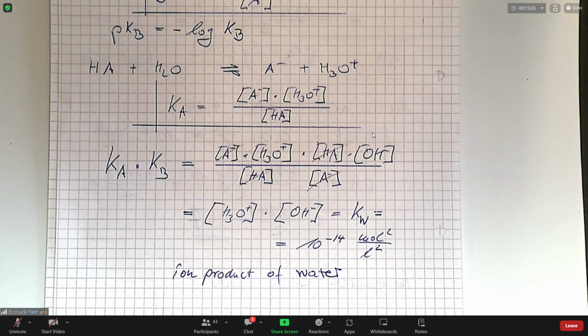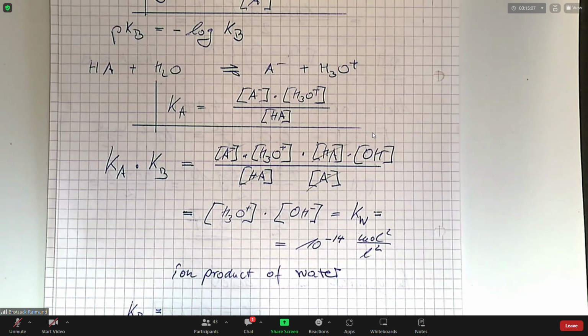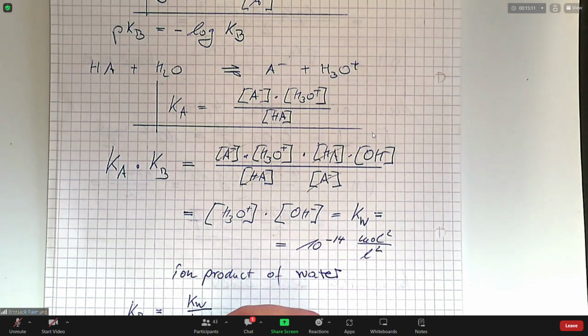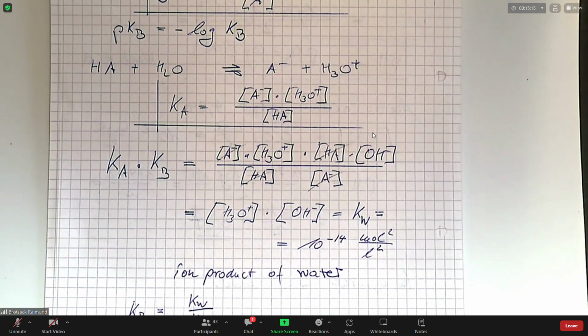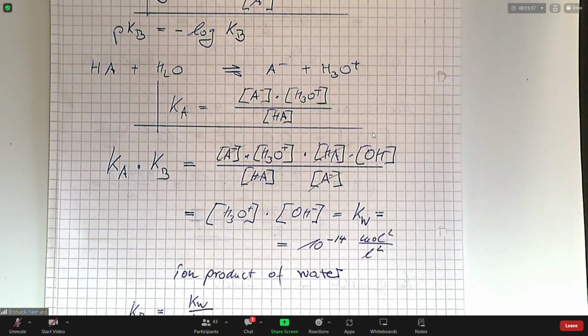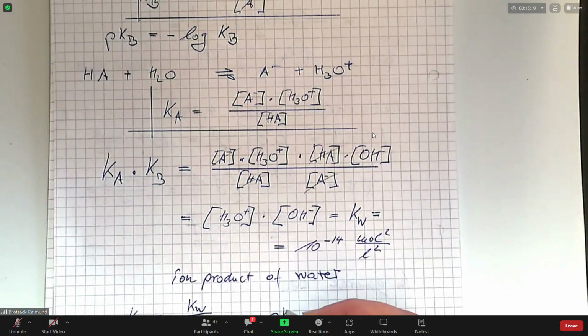Or if we know one of them, if we know Kb, for example, we can say this is Kw over Ka. So automatically we know the other one. Or we can even say pKa plus pKb, what is that?